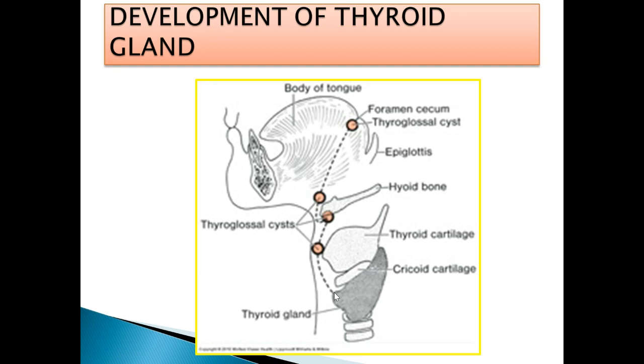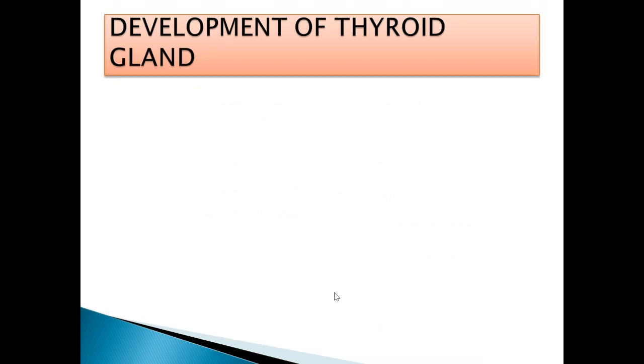So it is growing caudalwards in the median plane, mainly ventral to the hyoid bone. Sometimes it recurs dorsal to that also.